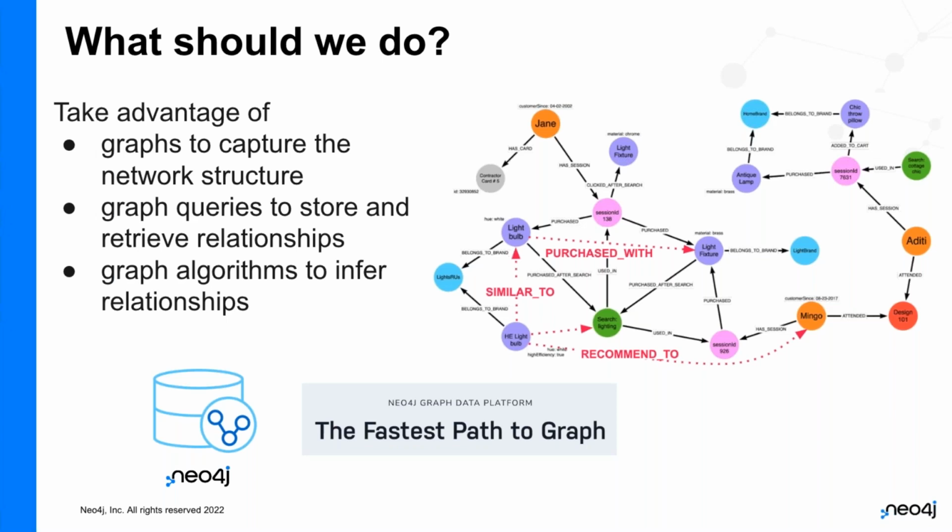And there are a bunch of algorithms in the network world that can be used to generate insights from real world networks, and also infer new relationships so that we could make use of the additional context that's generated to overcome problems like the cold start problem or insufficient information issues and so on and so forth.